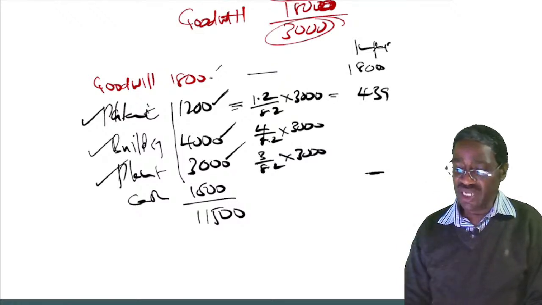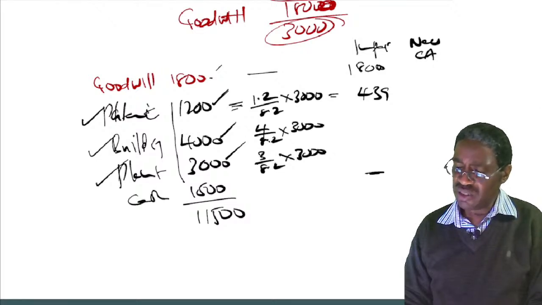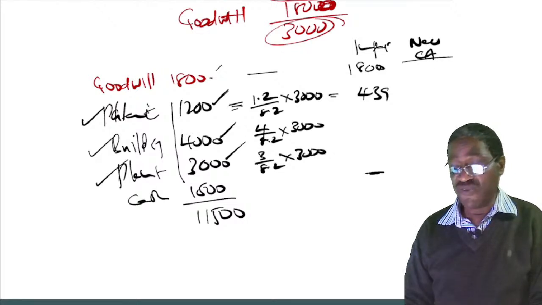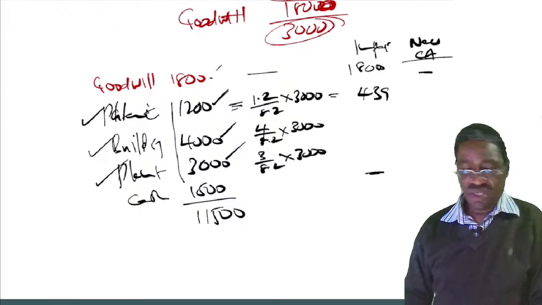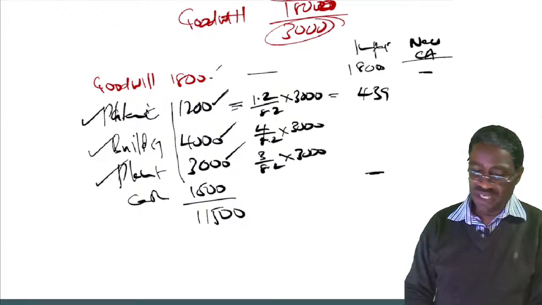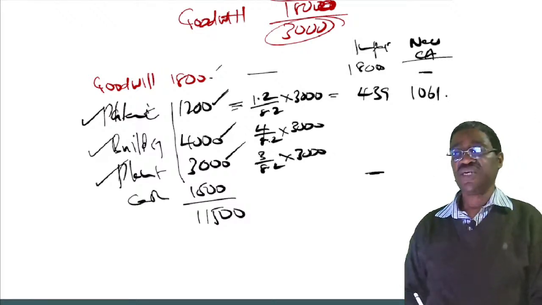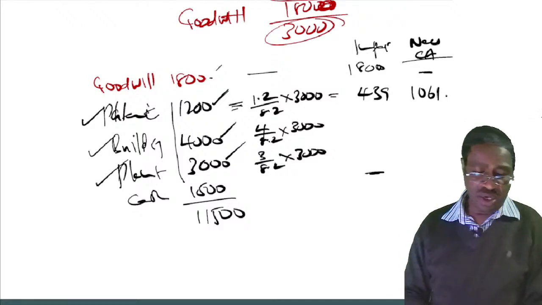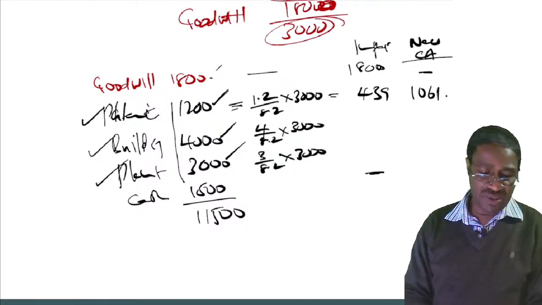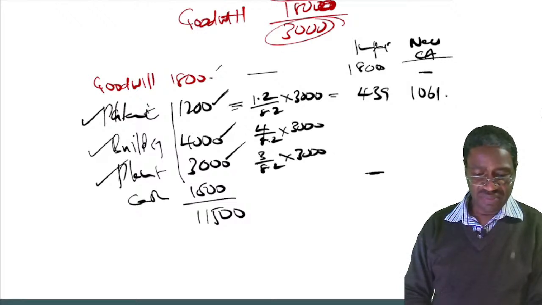Meaning, after writing off, what is the new carrying amount? For the goodwill, obviously nothing because it's written off. For the patent, it will be 1.2 minus 439, which is 761. Then against the building, I hope you are following, it will be 4 million divided by 8.2 times 3 million.